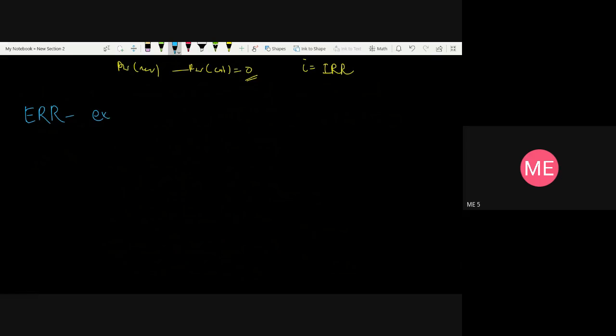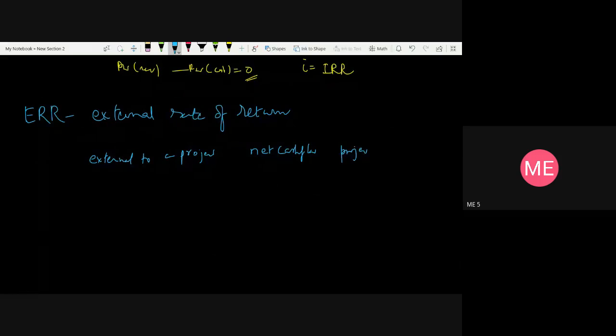External rate of return is defined as the rate of interest that exists external to a project, at which the net cash flows generated by the project over its life are reinvested.